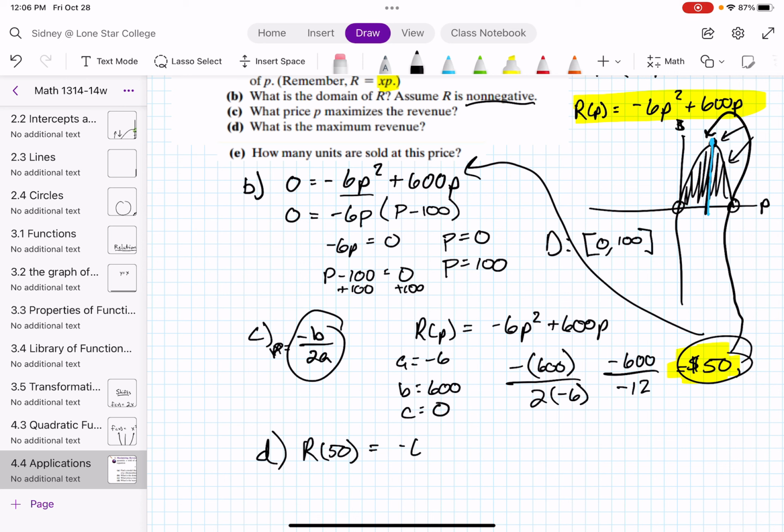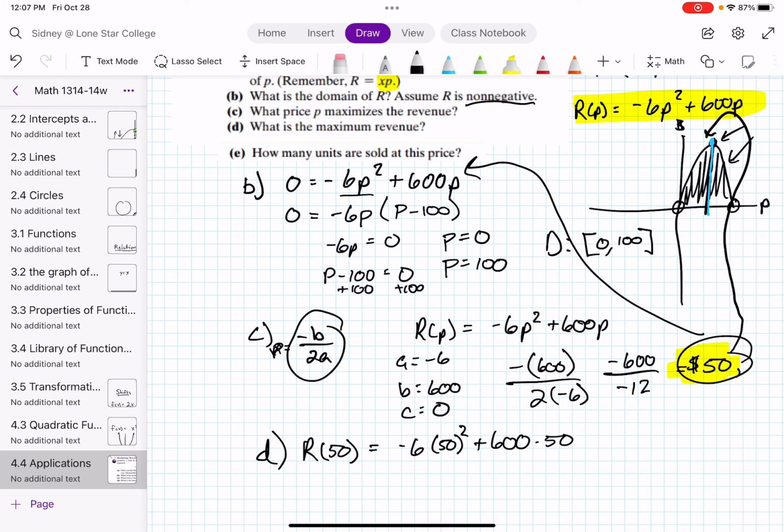So that means negative 6 times 50 squared plus 600 times, oops, not P. We're now putting in the precise value. So that's 600 times 50. Now, I do not expect you to do this in your head. I'm not even expecting you to do it on paper. I'm pulling out a calculator right now, and I'm going to solve this as well.